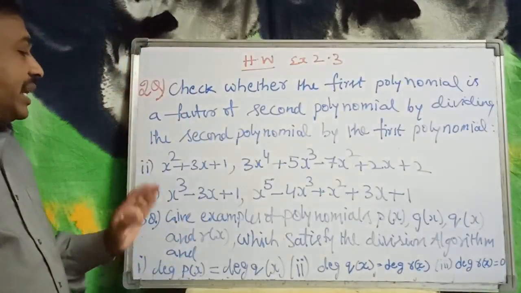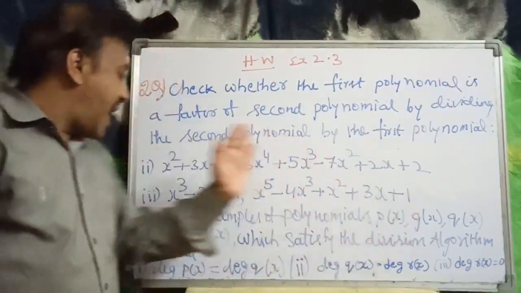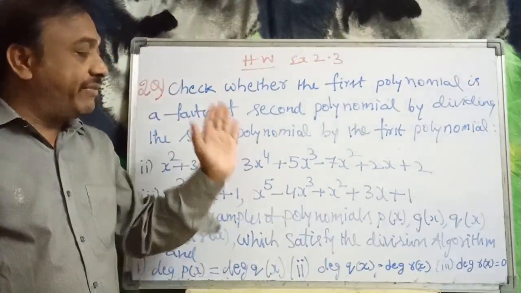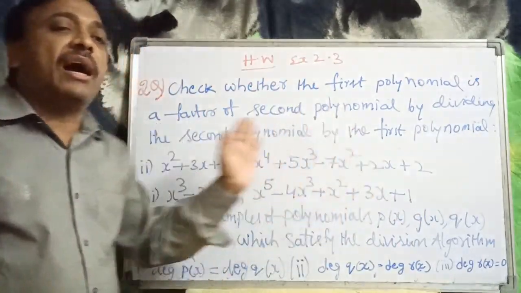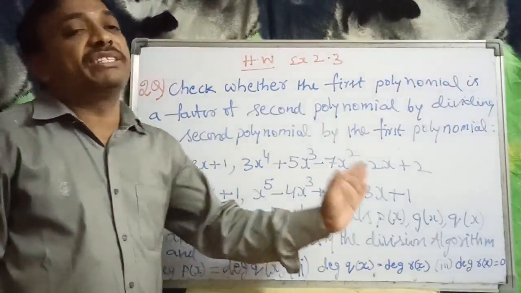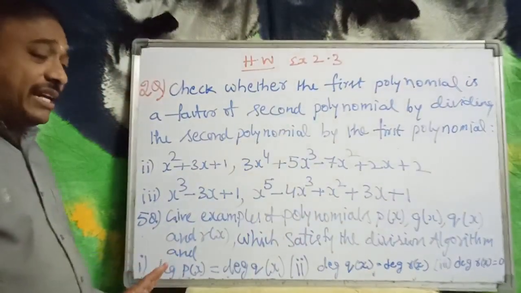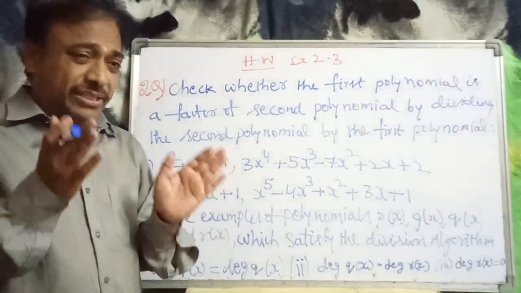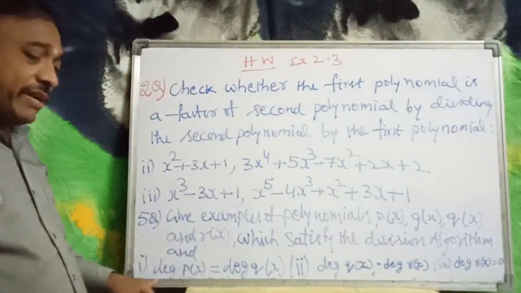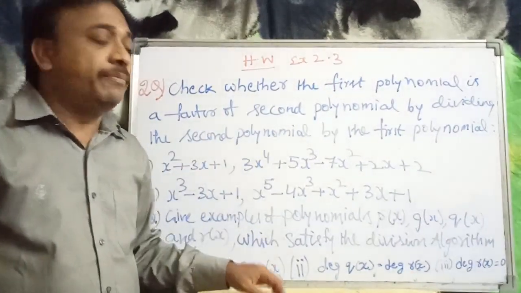Now question number 5. Give examples of polynomials p of x, g of x, q of x and r of x. That means dividend, divisor, quotient and remainder. You have to make your own example which satisfies the division algorithm, where the conditions are: first, degree of p of x should be equal to degree of q of x.